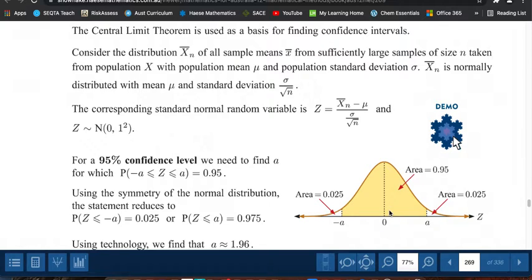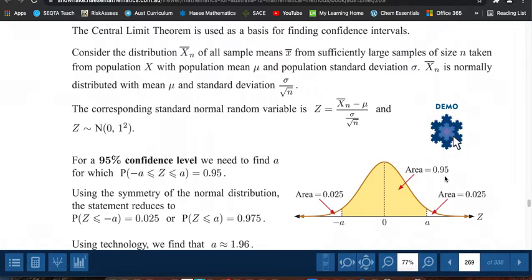That's our aim, because what we want to do is find the z-score that would be here, how many standard deviations above the mean, and then the z-score down here, how many standard deviations below the mean would we be so that the area in here is 95% or 0.95.